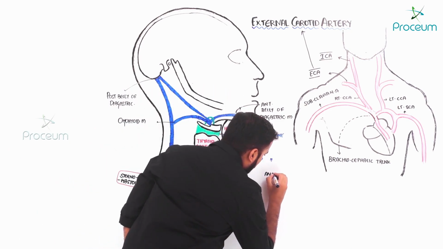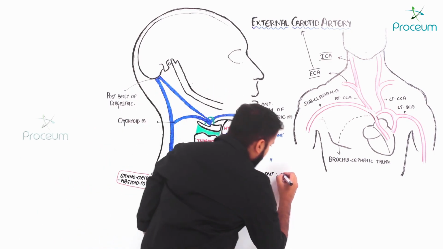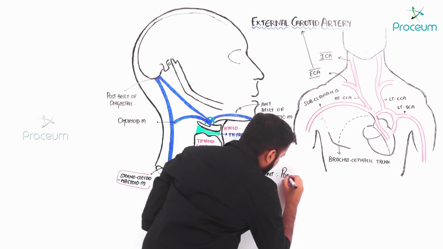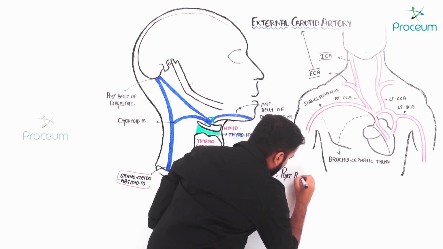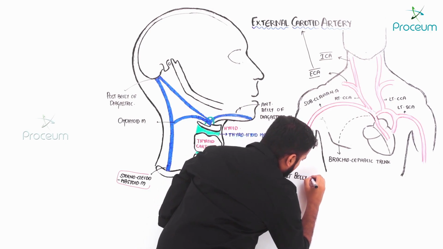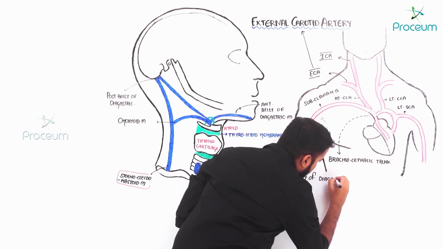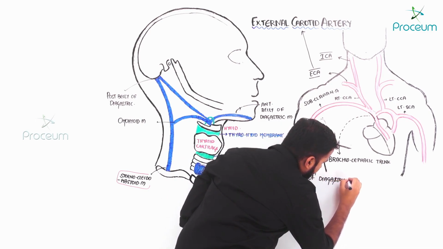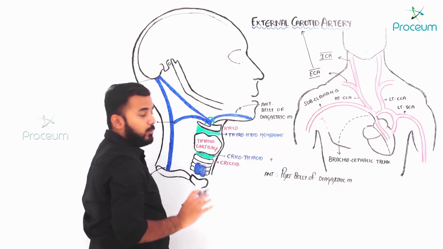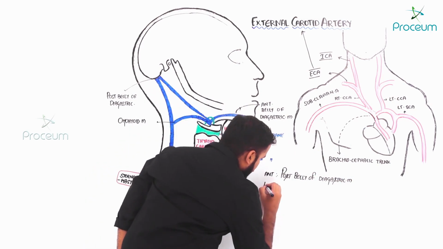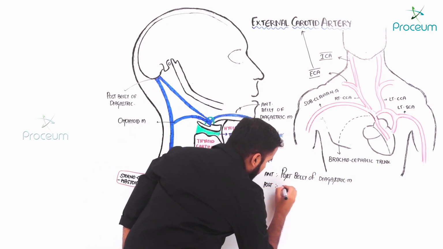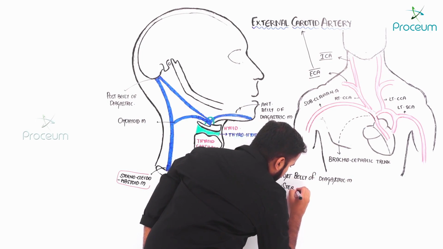Anteriorly, what did you get? You have the posterior belly of the digastric muscle. Posteriorly, you have the sternocleidomastoid muscle.